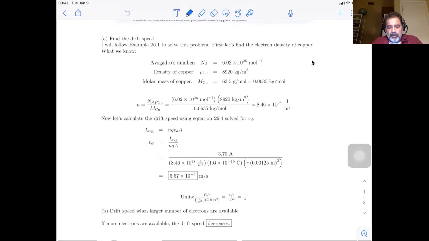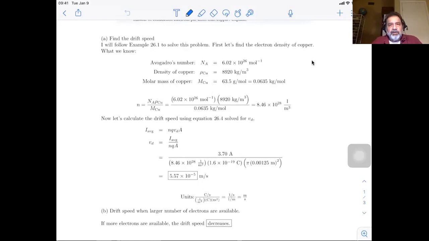So it's 6.02 times 10 to the 23 inverse moles times 8920 kilograms per cubic meter divided by 0.0635 kilograms per mole. Put that all in your calculator, you end up with 8.46 times 10 to the 28 electrons per cubic meter of copper.